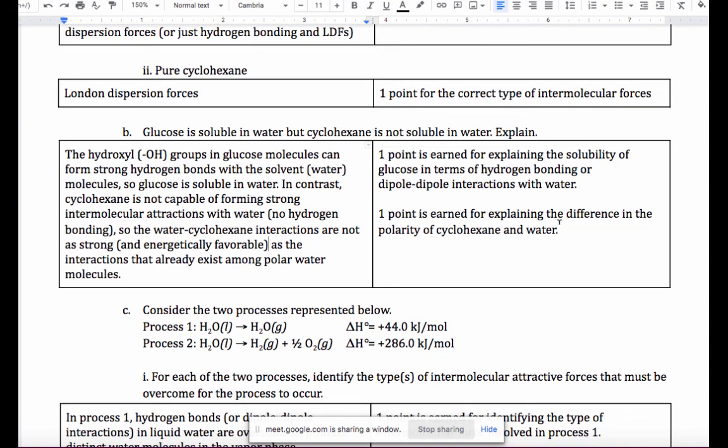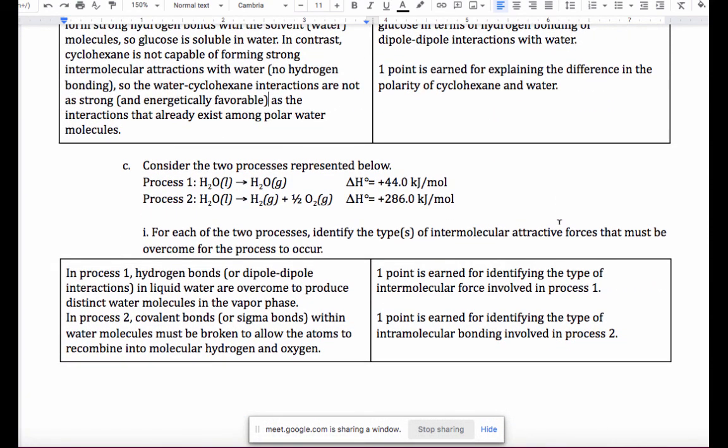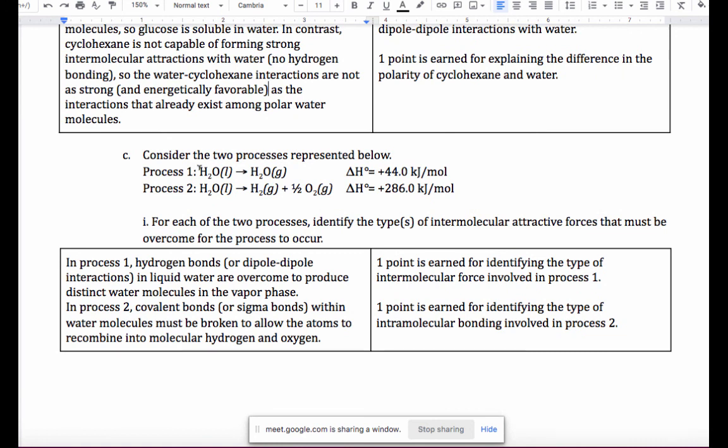Then part C says, consider the two processes represented below. Process 1 is liquid water going to gaseous water, and process 2 is water decomposing into hydrogen and oxygen. For each of the two processes, identify the type or types of intermolecular attractive forces that must be overcome for the process to occur.